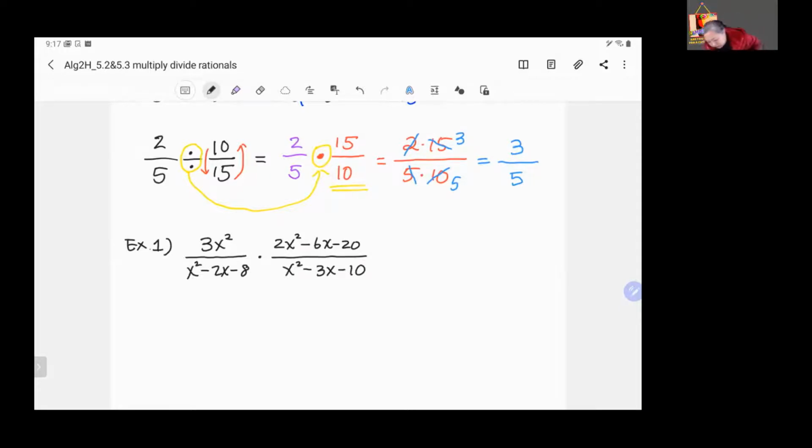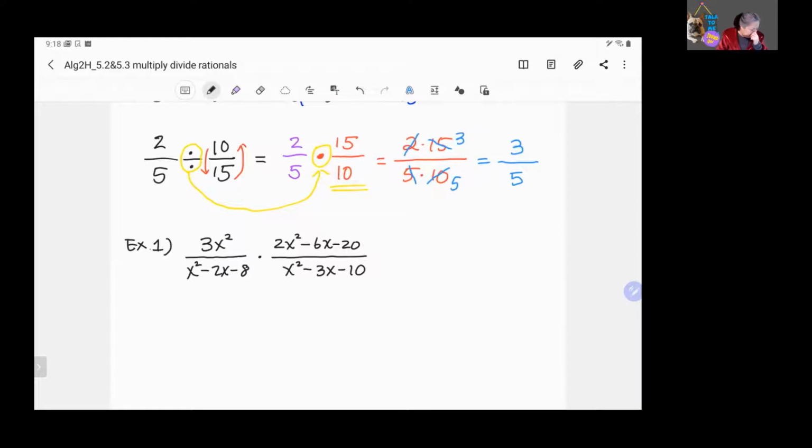Also, one more important reminder for rational expressions is to look at each rational expression separately, from the numerator side and the denominator side, and examine if it's further factorable, and if so, then you have to do it. Then I can see we can factor further, separately, right?